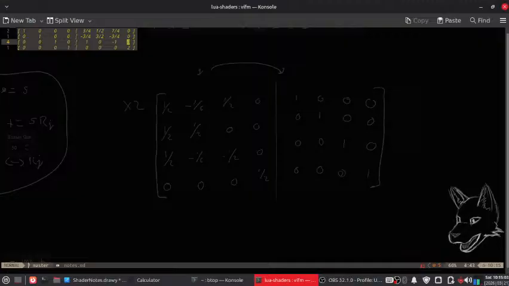I'm convinced I'm doing something wrong. I'm sure I'm doing something wrong. I mean, I used to do inverse matrices in my head.